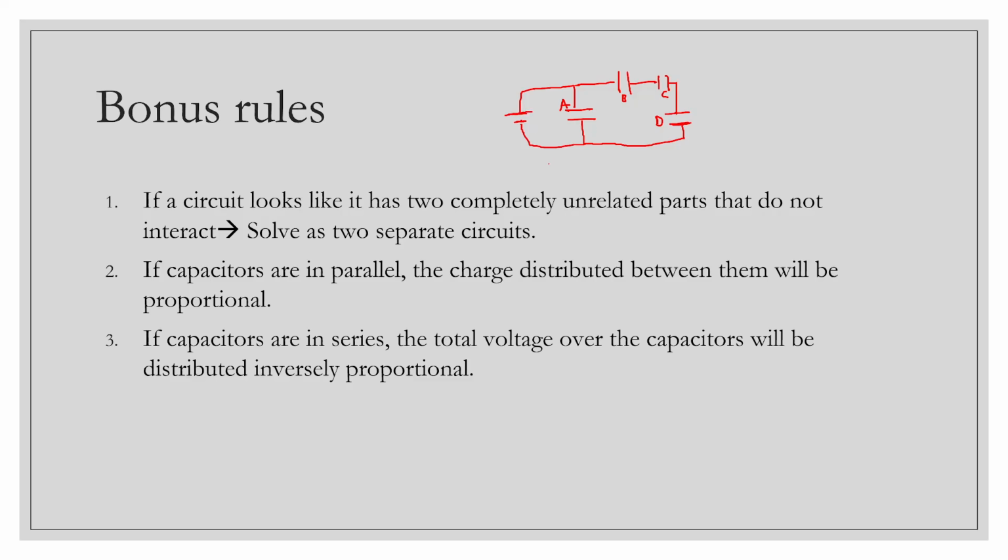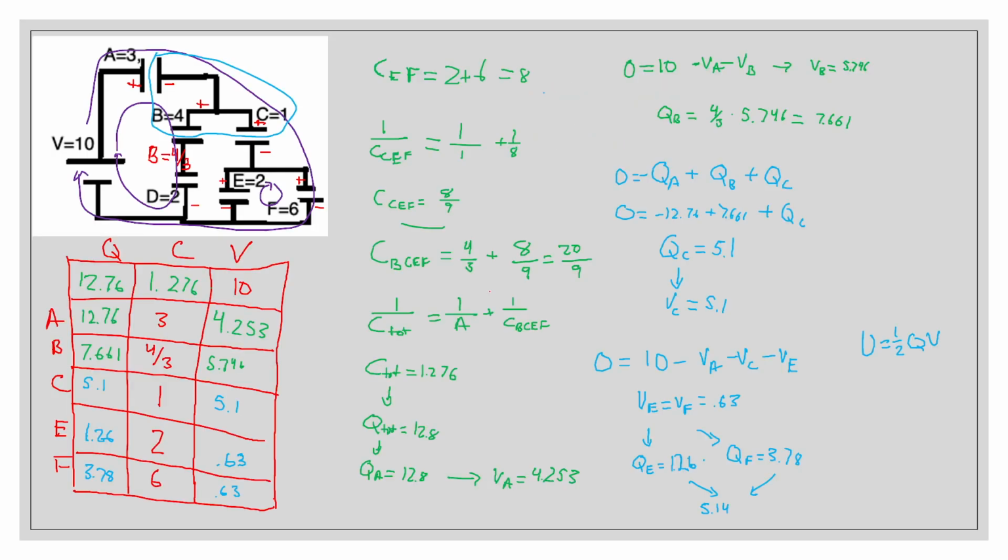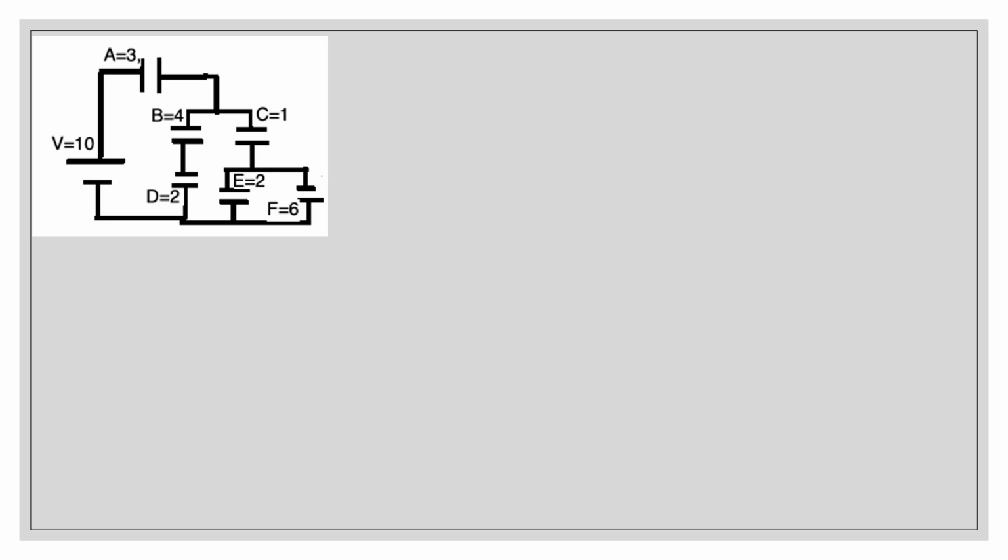Okay. All right. If capacitors are in parallel, the charge distributed to them will be proportional. Okay. So let's look back at the last problem here, and we'll show an example of that. So if you remember, VQC was 5.1. Okay. Now, this is our charge conservation for QC.